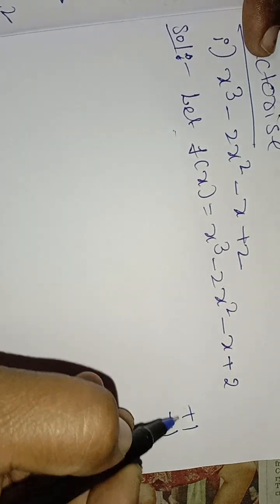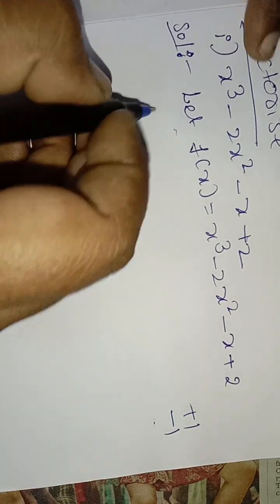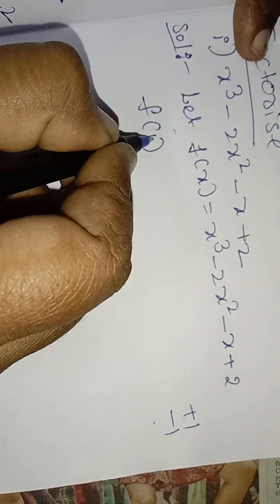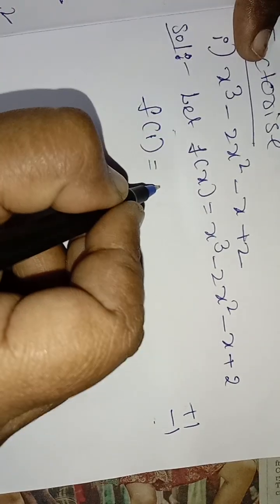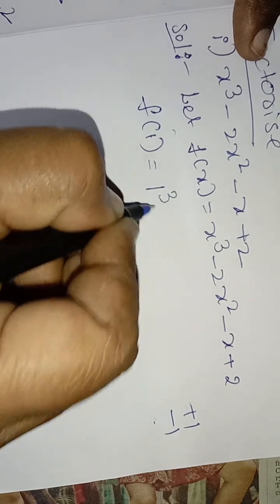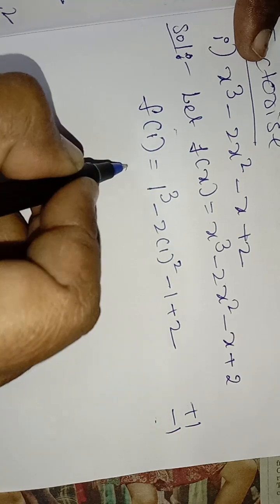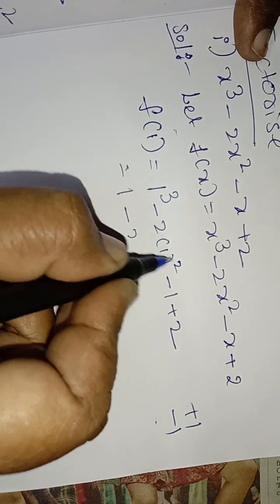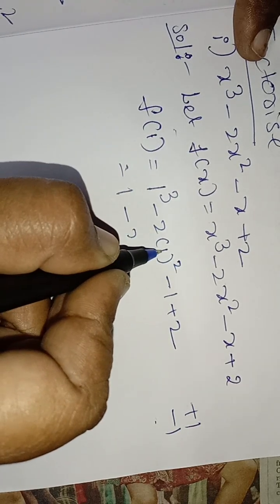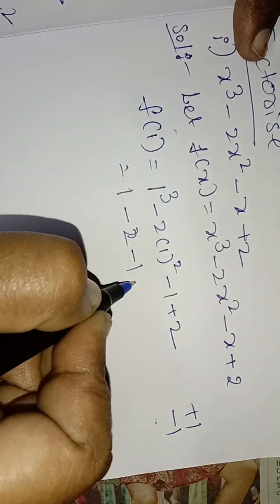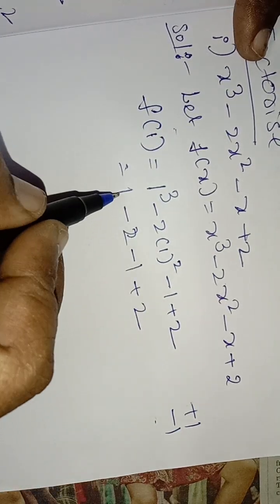So why am I going with plus 1? My f of 1 means in the place of x I am substituting 1 here. So 1 cube minus 2 into 1 square minus 1 plus 2. 1 square means you will get 1. 1 minus 2 into 1 is 2, minus 1 plus 2.